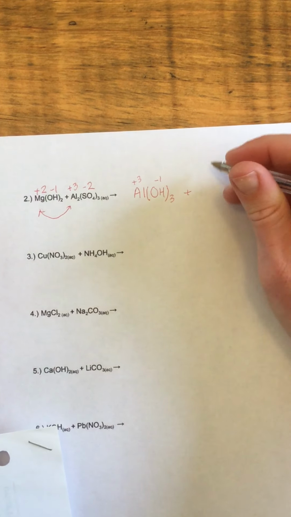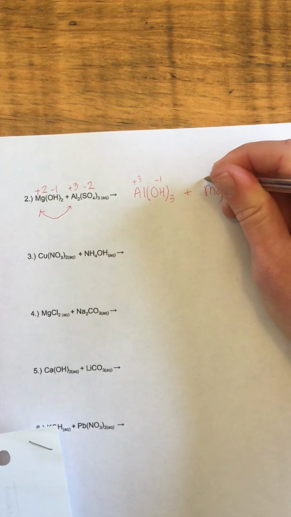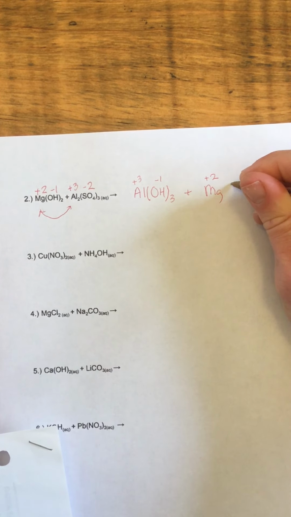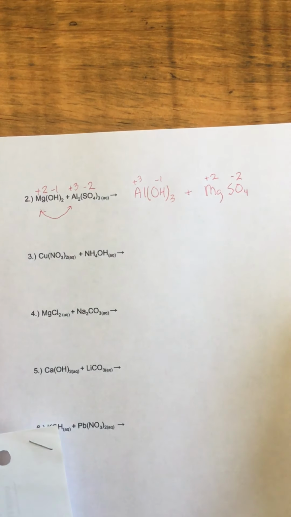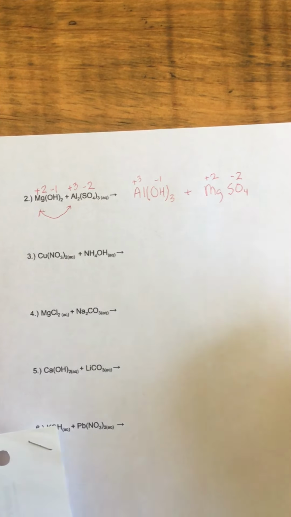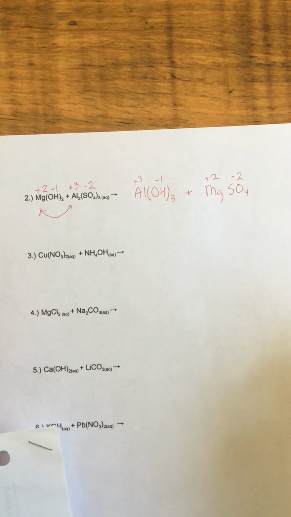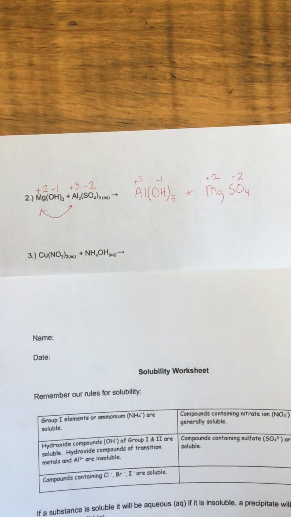Our other product is going to be made up of magnesium, charge of +2, and sulfate, charge of -2. So here where we have +2 and -2, those balance out, and you don't need to add in any extra coefficients.